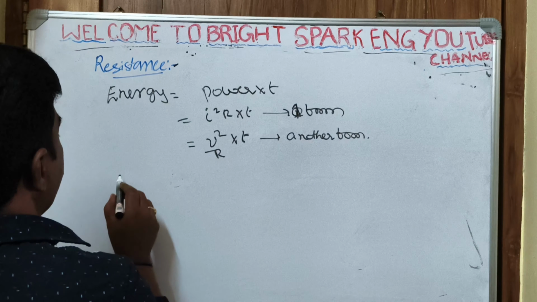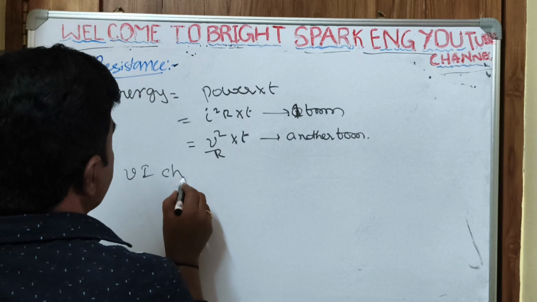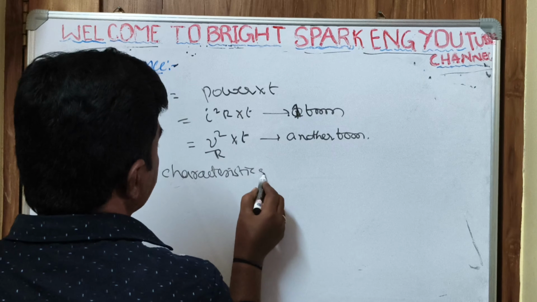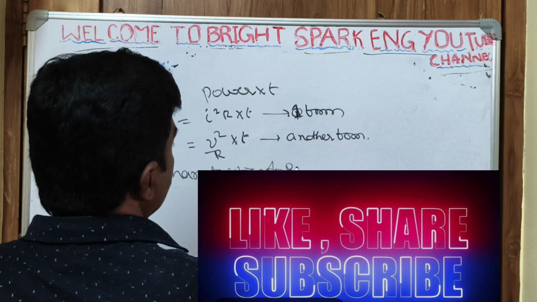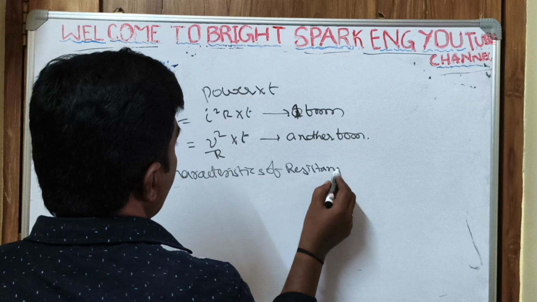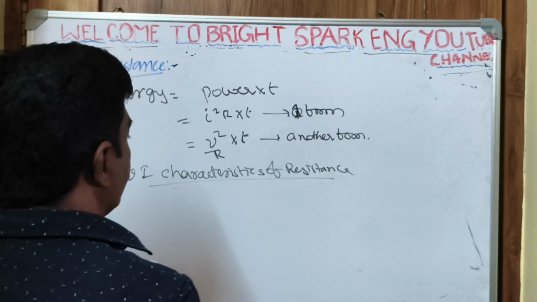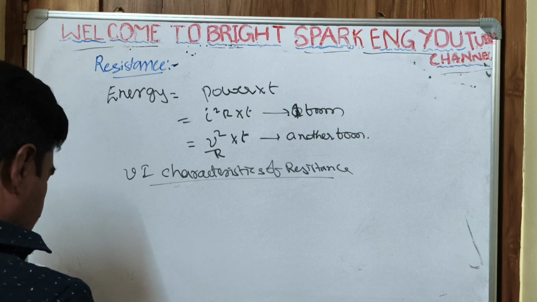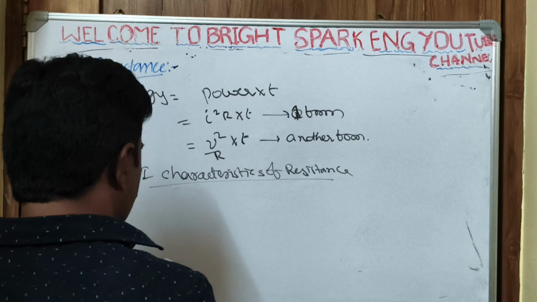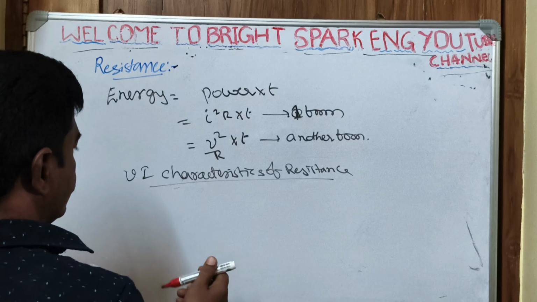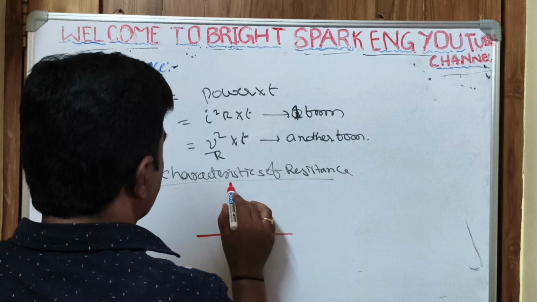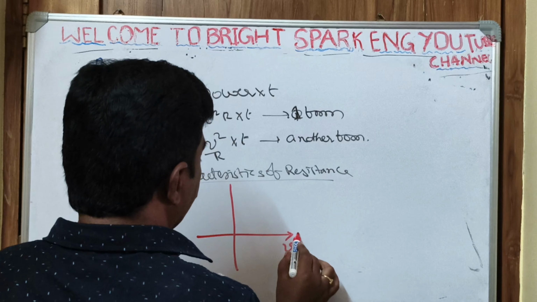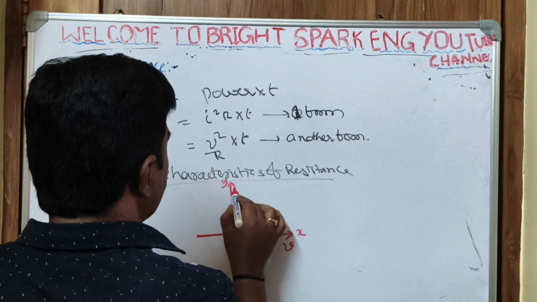Next, VI characteristics of resistance. మనం VI characteristics డ్రా చేస్తే ఎలా ఉంటాయి అని. You will take V on the x-axis and I on the y-axis.